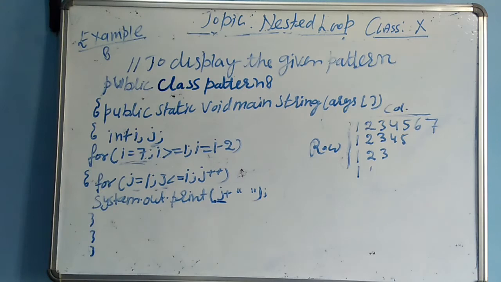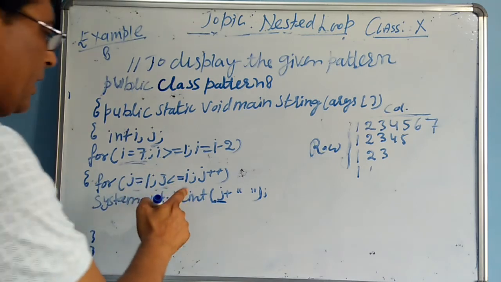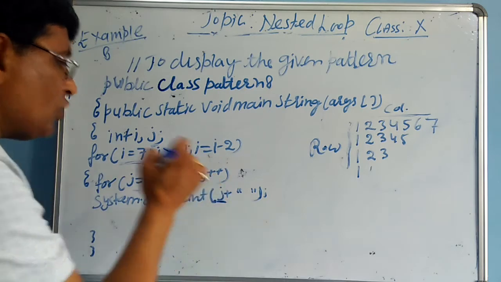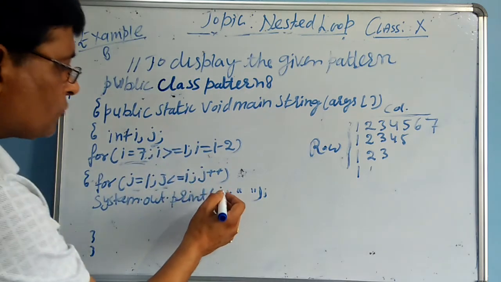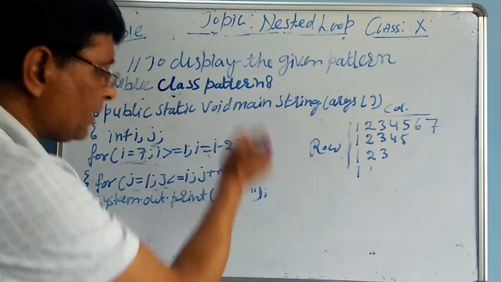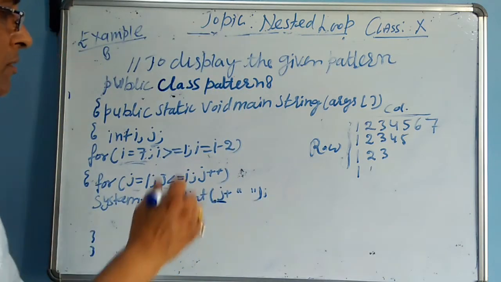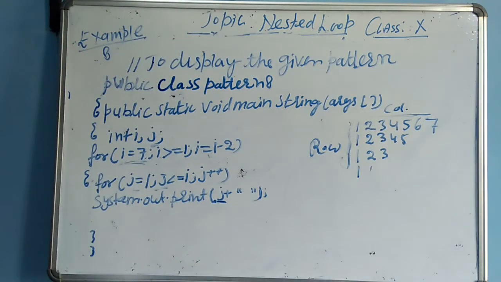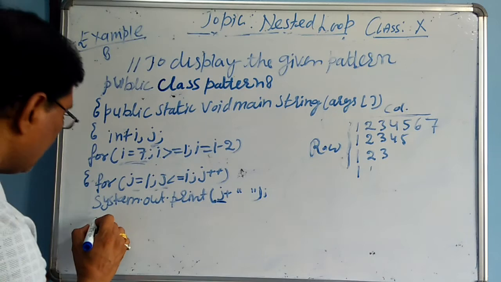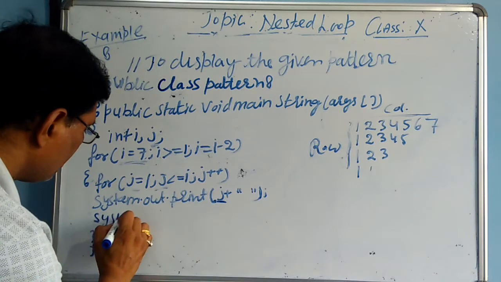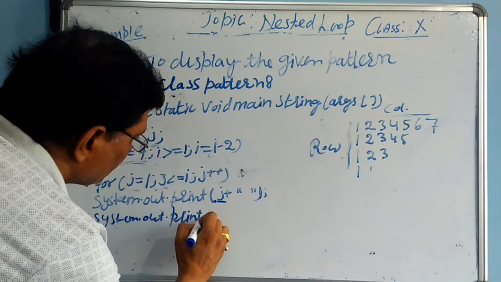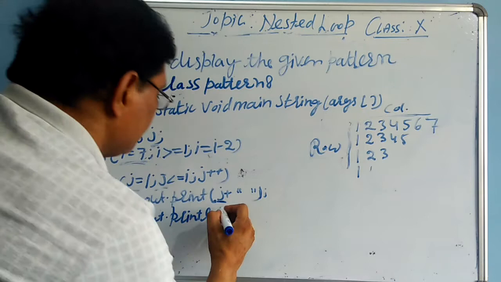If the condition is satisfied, it will print the value of j, with j plus double quotes, meaning this value will print on the same line. Then we use System.out.println for the next line.